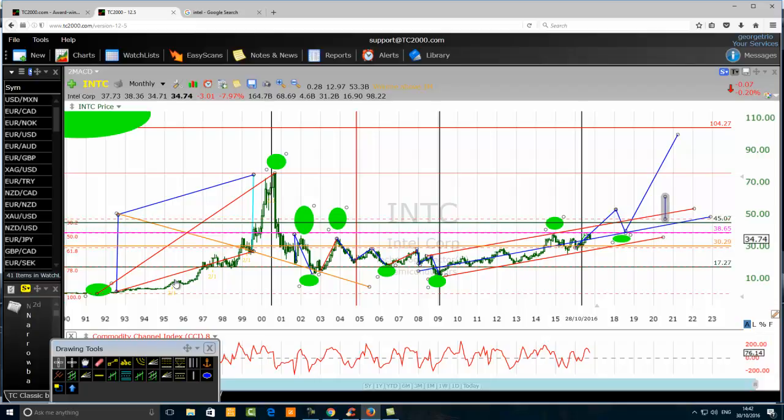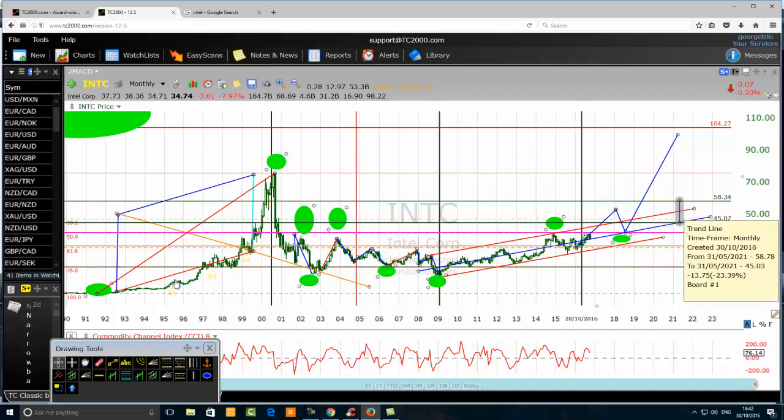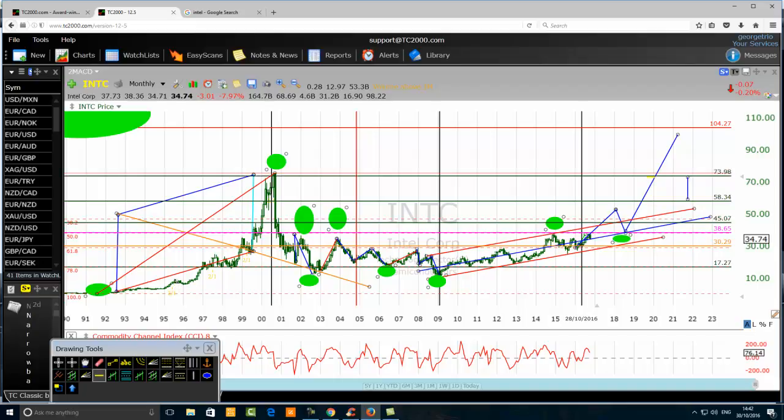If we move that measuring stick, which is the width of the consolidation session, we project it up, we have that level of $45.07. We project it one more time, and we just map out the Intel chart ready for future trading and investment decisions, where we can buy, where we can take profit, where we can re-enter or buy again or sell again Intel.